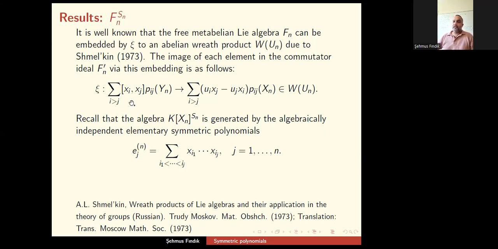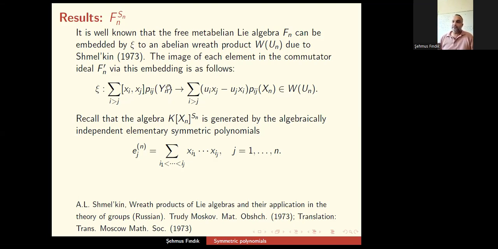And here, each element of this type, Pijn, we write this for the adjoint operator. So every y, for example y1, stands for the adjoint of y1, which means we multiply from the right side with x1.